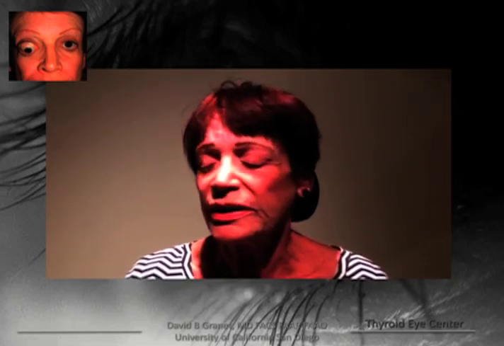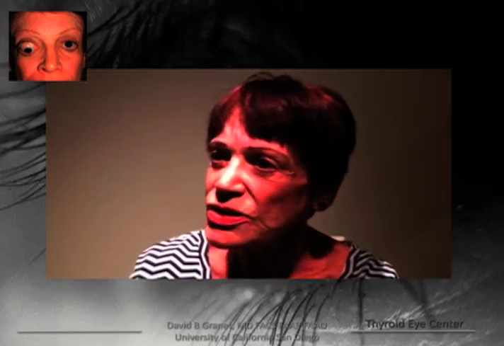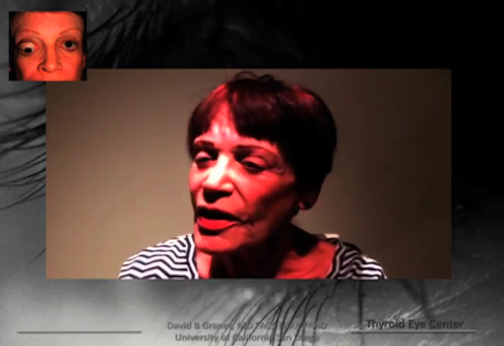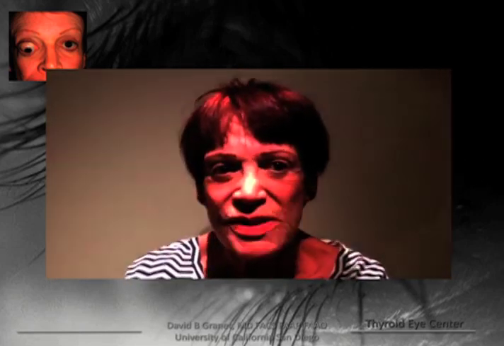It was horrible. I couldn't get a driver's license. I really didn't go out much because it was so ugly. I looked like a cyclops. My eyes stuck out so far, and it had gotten down so low that people thought I was not a normal human being.